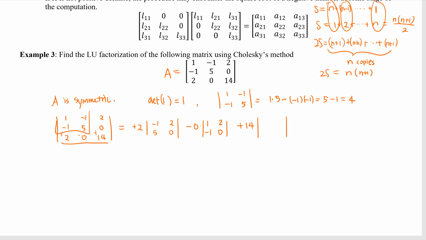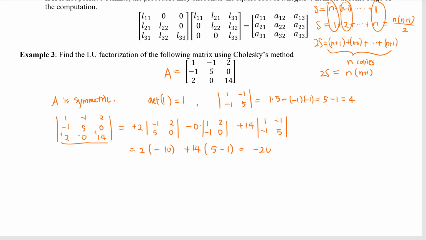Alright, and then we have +14 times the minus. The minus is this one: 1, -1, -1, 5. So we get 2 times (-1 times 0 minus 2 times 5), which is -20. The -0 term is gone. Then 14 times, 1 times 5 minus 1 times -1, which is 4.